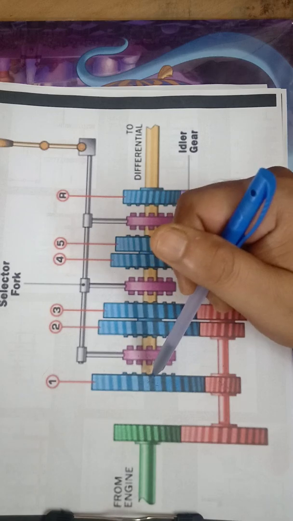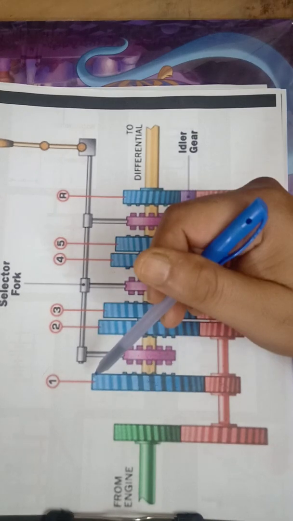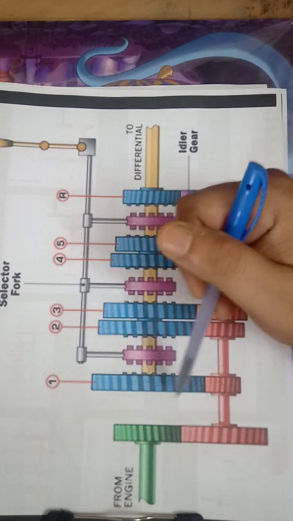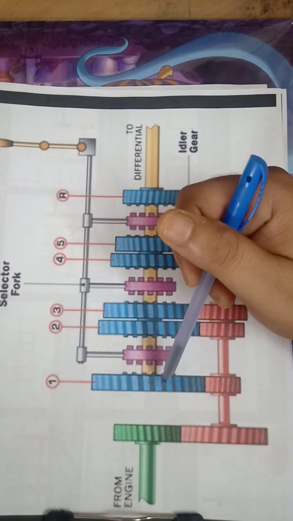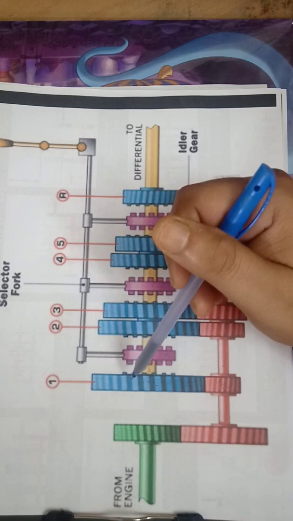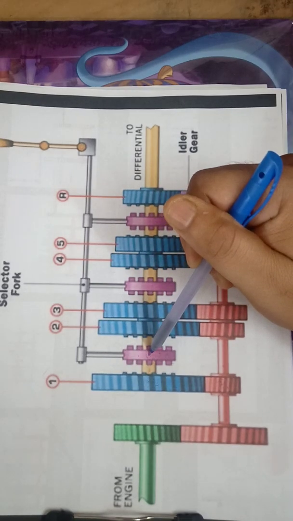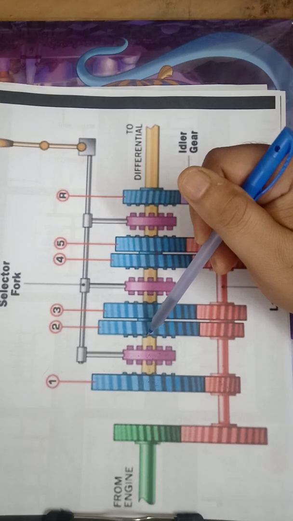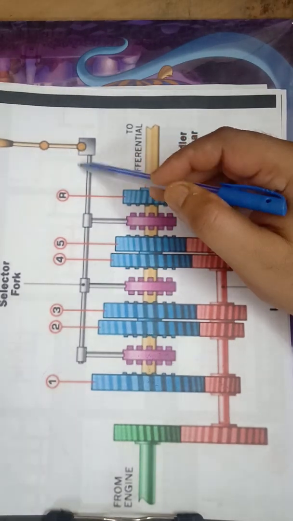Okay, so this first gear satisfies the condition of the vehicle when the vehicle is stationary. As soon as the vehicle gains momentum, this dog clutch is slid in the rightward direction by this gear selector.